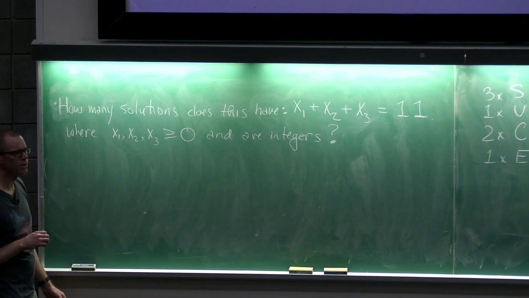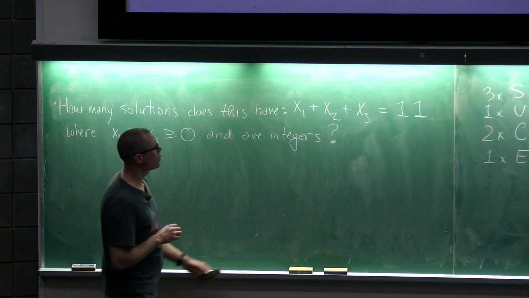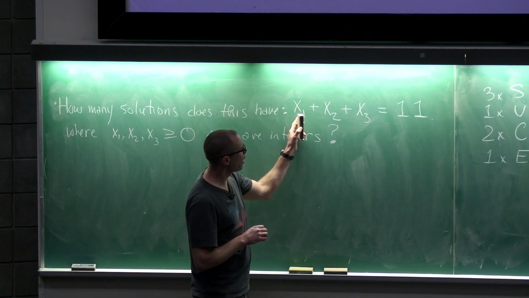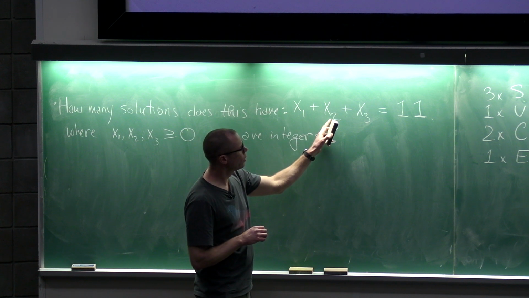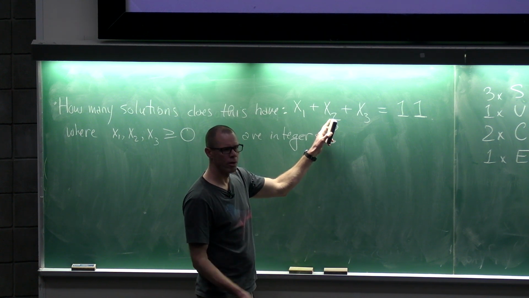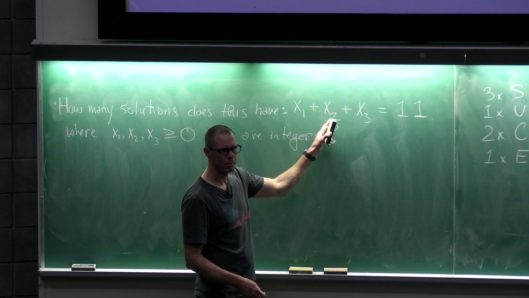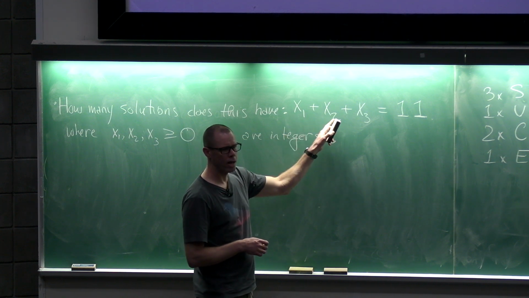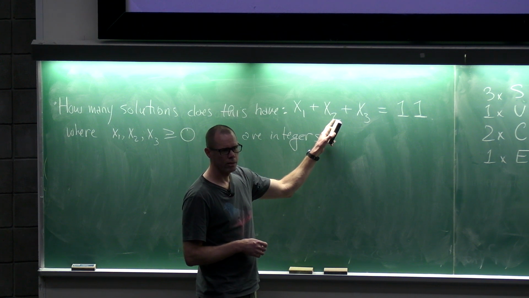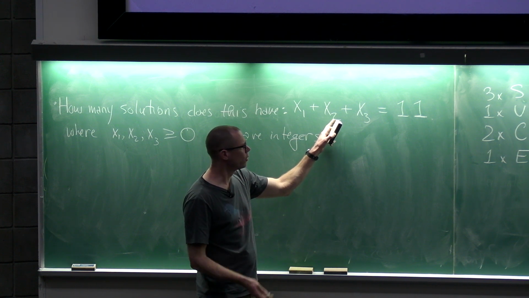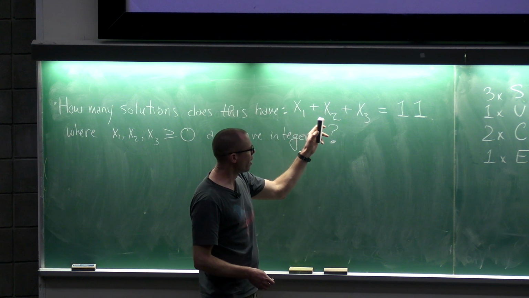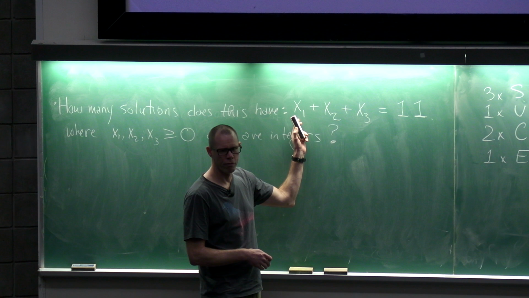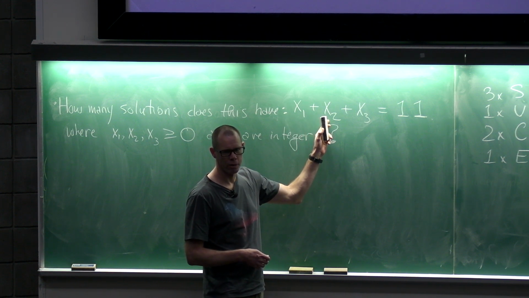We realize it fails right away, because if I choose x1 equals 0, then x2 could be anything between 0 and 11. But if I choose x1 equals 11, then x2 has to be 0. In the product rule, the number of choices at the second step should not depend on the choice made on the first step, and that already fails here.